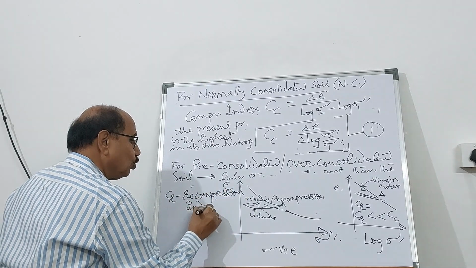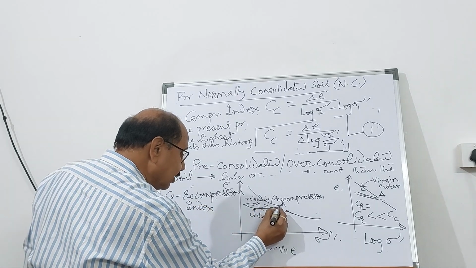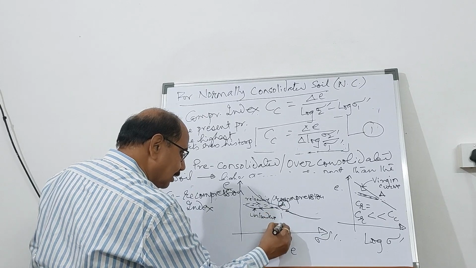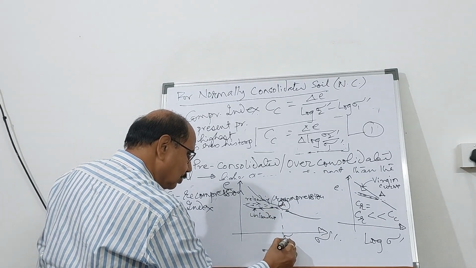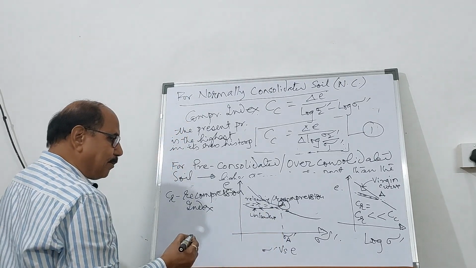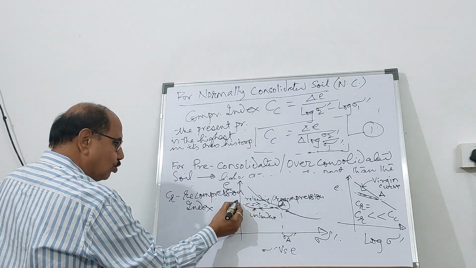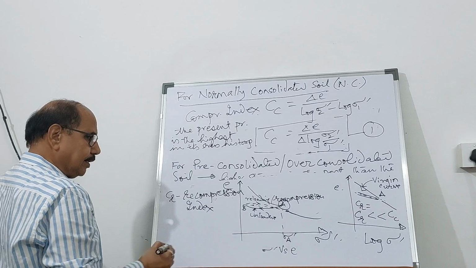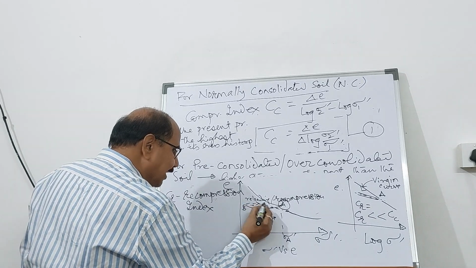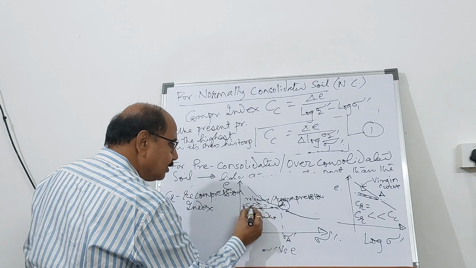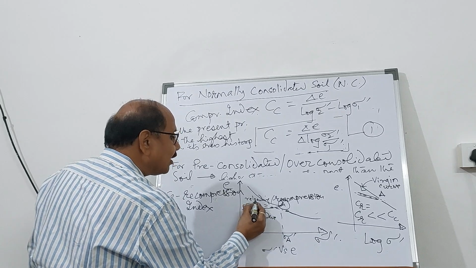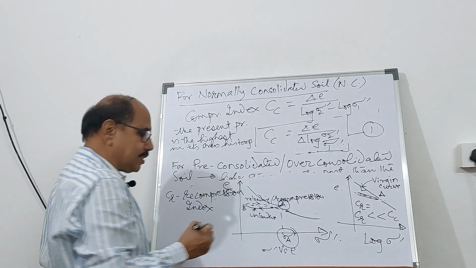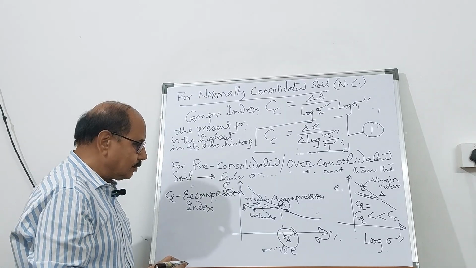which shows that the soil has been already subjected to a stress of sigma A prime. And once you unload it, you go to the point B. Now, once you reload it, then it becomes over consolidated because the soil has been already subjected to this particular pressure.